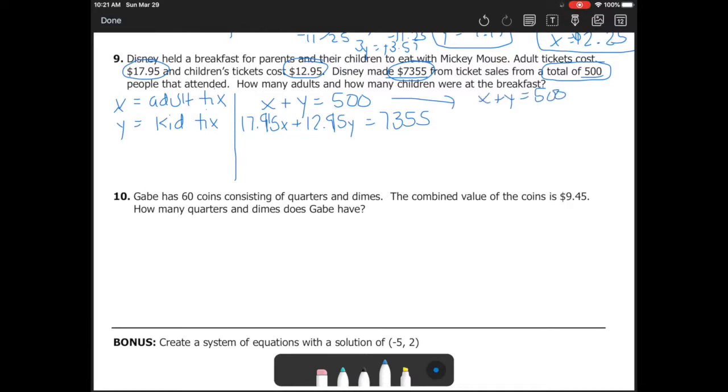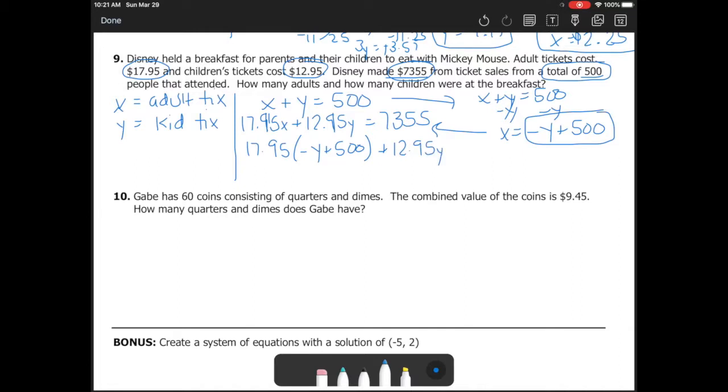Let's say I decided to subtract y on both sides, and I have x equals negative y plus 500. So now I can take that x and substitute it into the other equation. So 17.95 times negative y plus 500, plus 12.95y equals 7355.